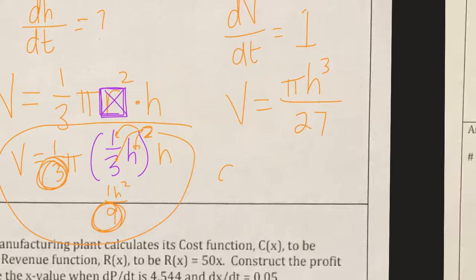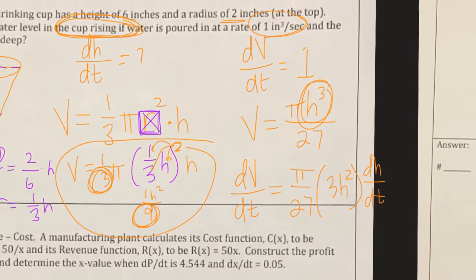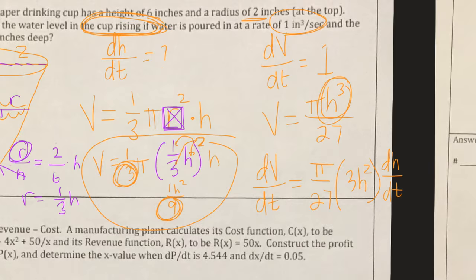So now I take the derivative with respect to time of all of my variables. dV/dt equals pi over 27, that's a constant, times 3h squared, that's the derivative of h cubed, times dh/dt. So I can plug in all of the information that I know. I know dV/dt.